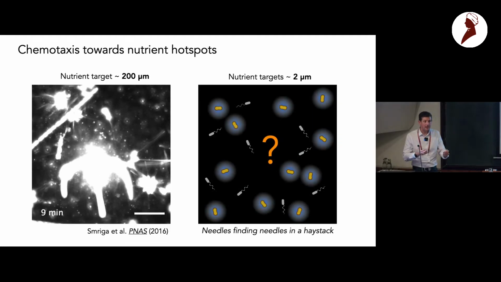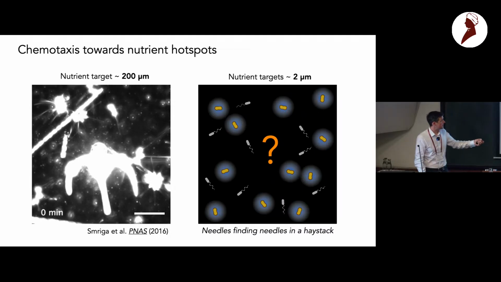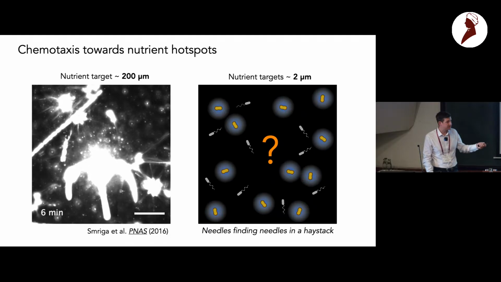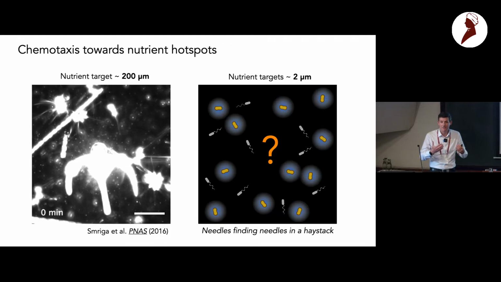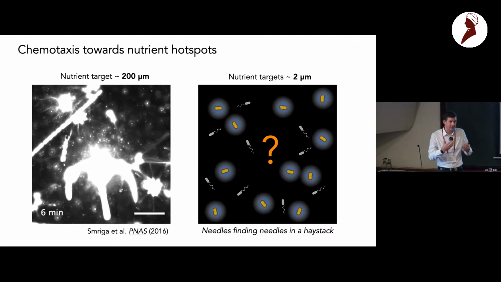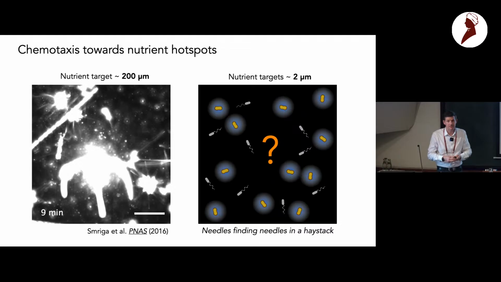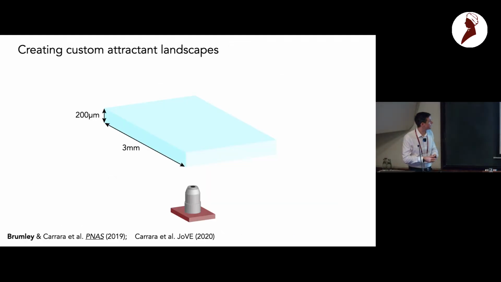But many of the organisms that you would see in the ocean would be really microscopic targets. In fact, the bulk of the biomass in the ocean is composed of targets that are the same size as these bacteria. So the question we wanted to ask was, could bacteria use the chemotactic response to navigate towards really microscale hotspots, about the same size as themselves?